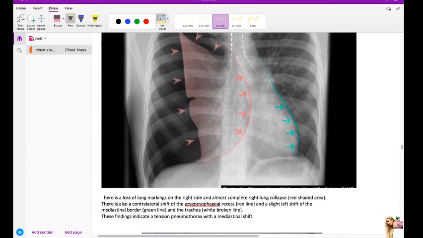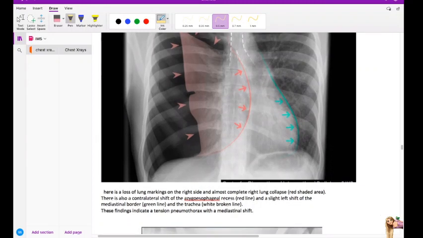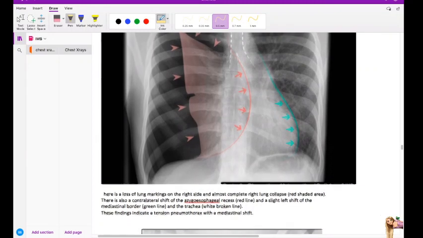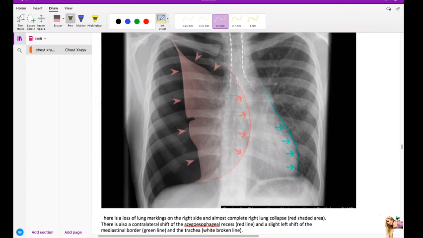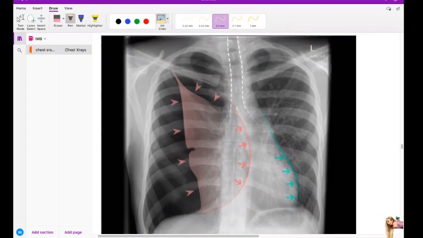It's tension pneumothorax. Okay, so you guys got this. This is tension pneumothorax because there's deviation of the mediastinal structures.